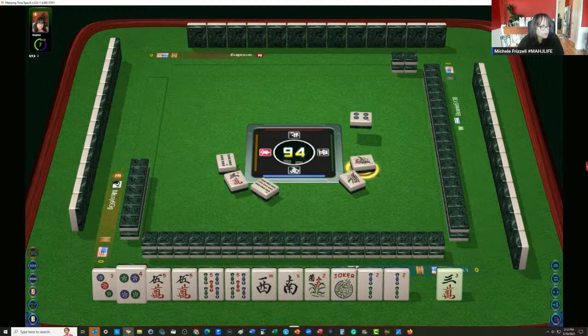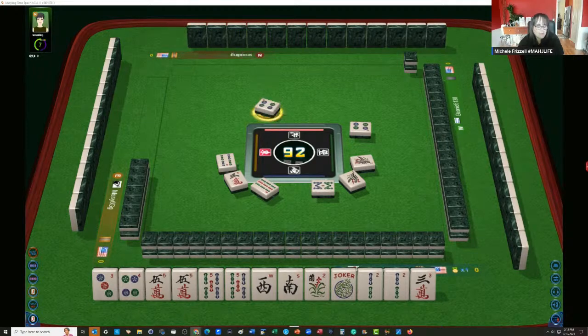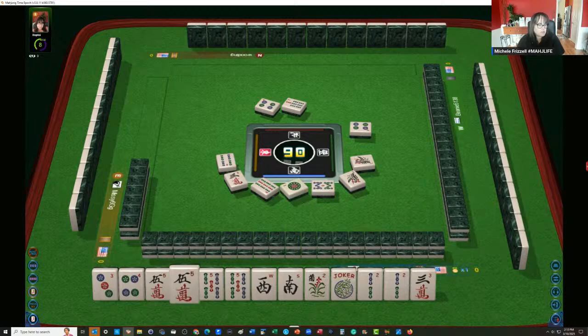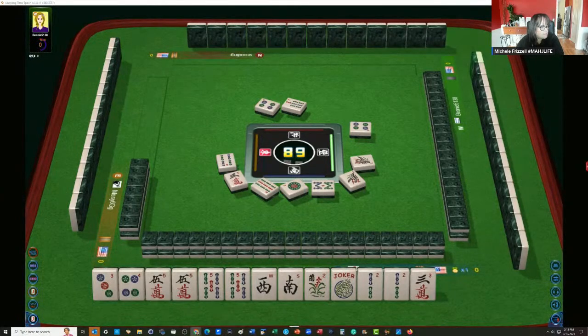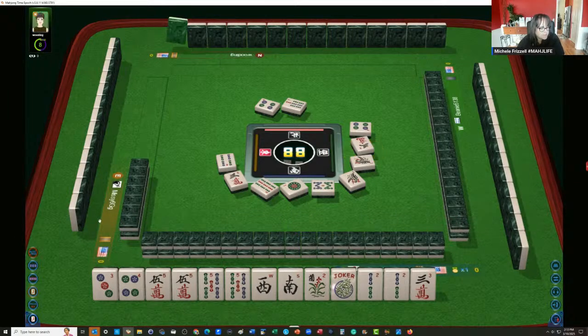Nobody wanted the 1 bamboo either. 8 bamboos. 4 dots. 7 bamboos. No, don't need a 1. That's on the edge. 1 dot. Outside tile. Three characters. Yeah, that's already out.